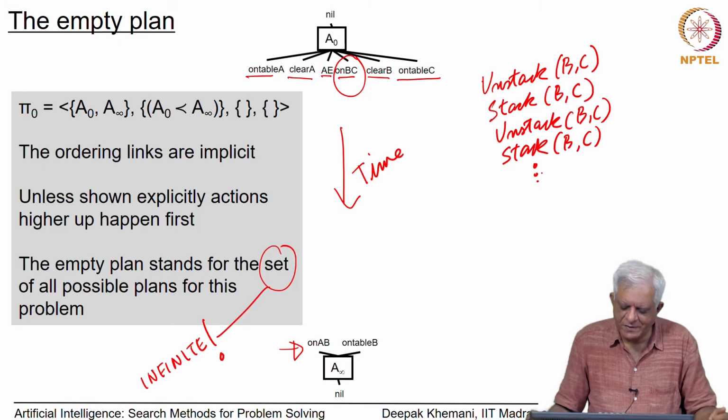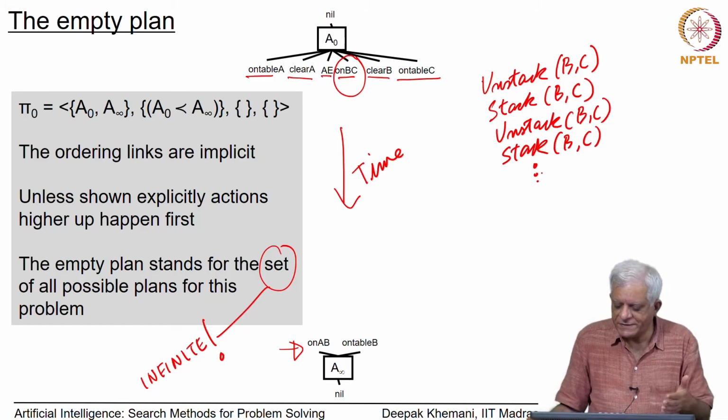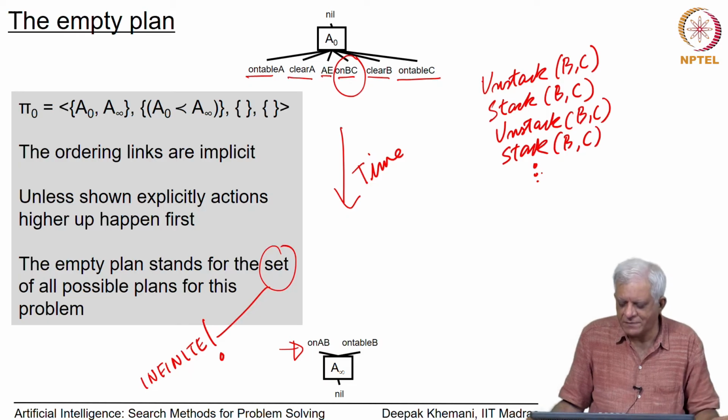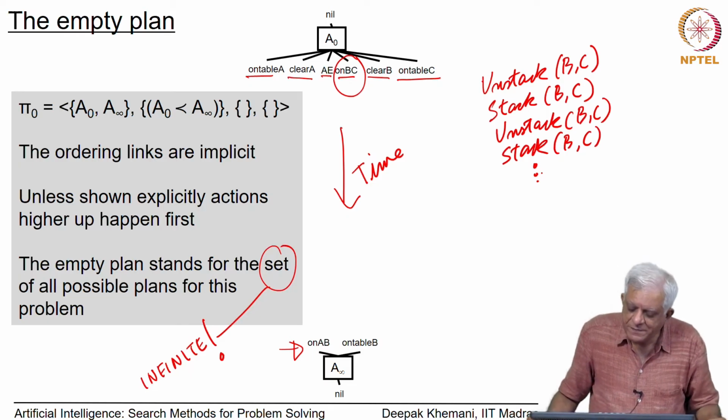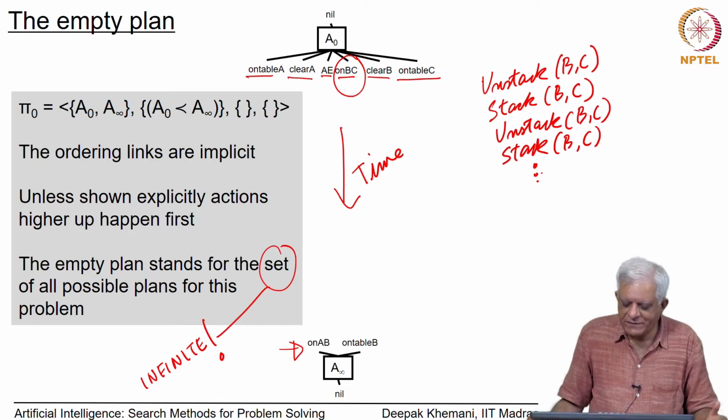We can do this any number of times, and any plan which incorporates these four actions would still be a valid plan. Of course, it would not be an optimal plan, but it would still be a valid plan.